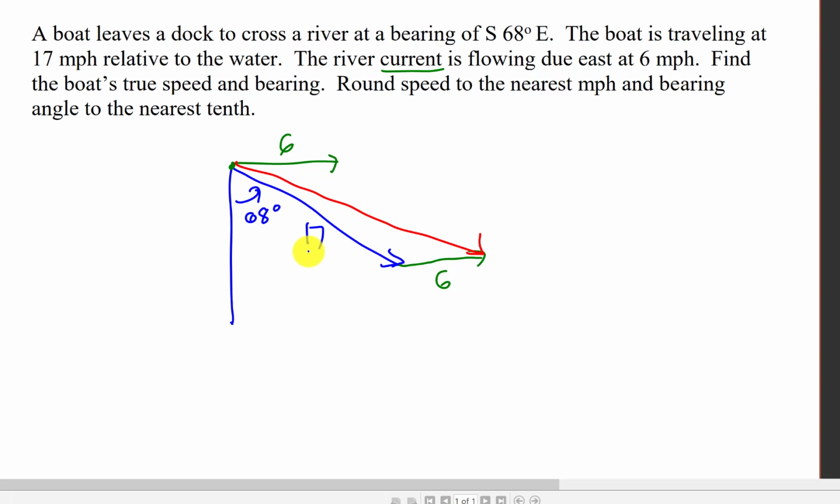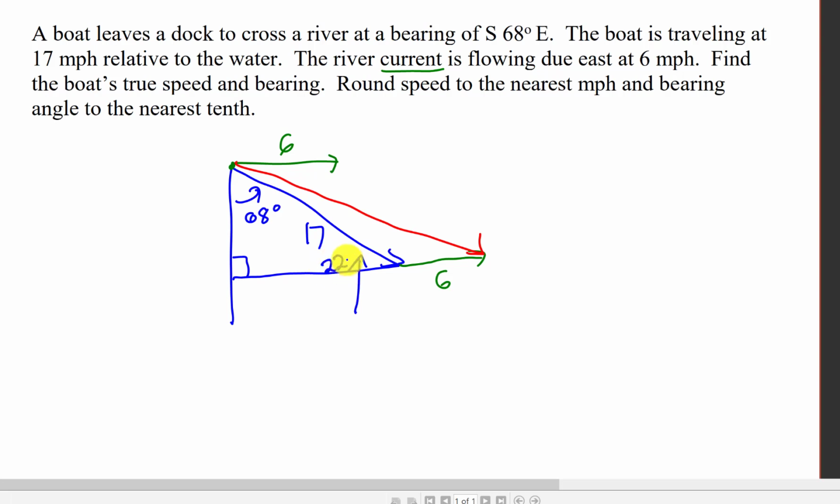Okay, so what I'm going to do now is use this triangle that has the blue, red, and green sides. I have two sides of it, but I don't have an angle in that triangle. But I can see how I can get one. This is a right triangle right here, so this angle would have to be complementary to 68.